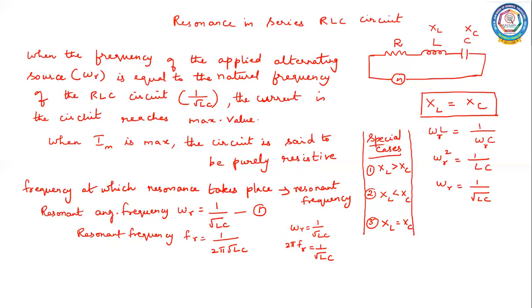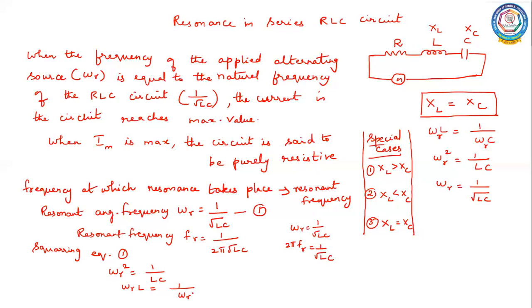Okay, now I'm going to square this equation. So when I square equation 1, I have omega r square equal to, on the right side, simply 1 by LC. Okay, now I'm going to interchange this omega r into the denominator. So here I'm going to split this as omega r into, bring this L to the left hand side, and 1 omega r will go to the denominator.